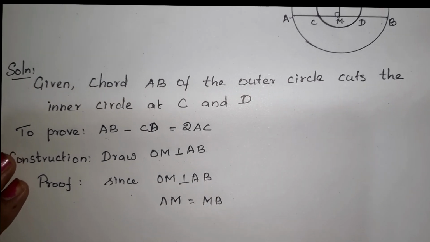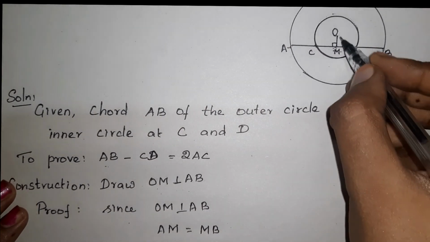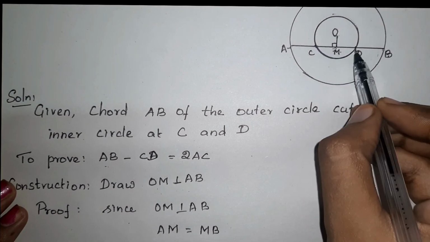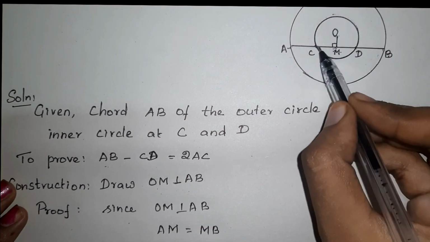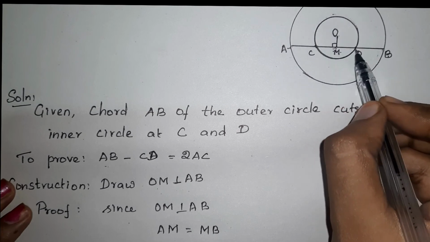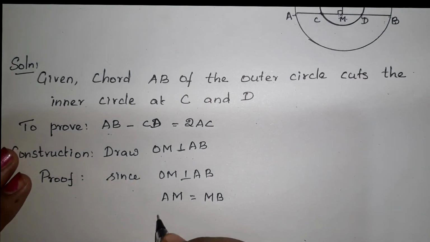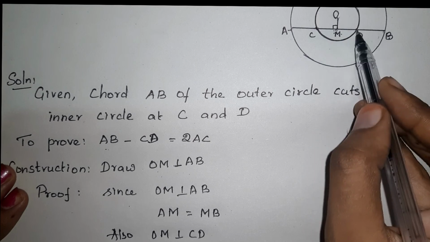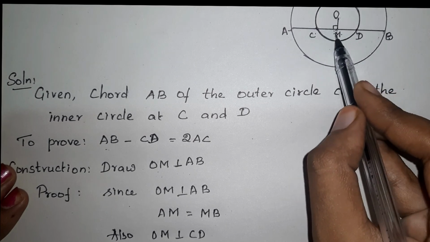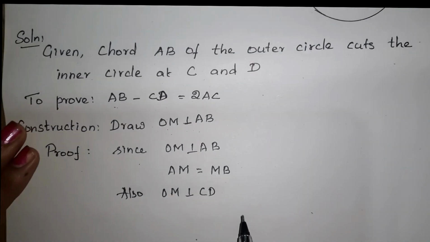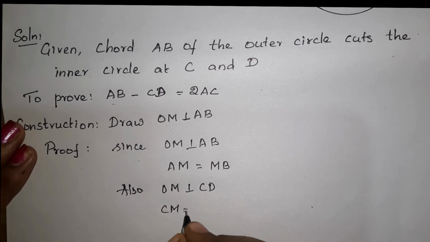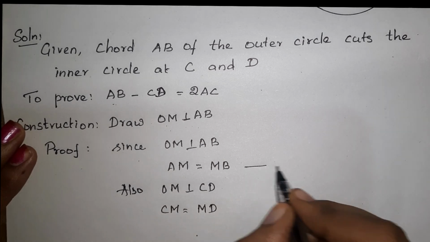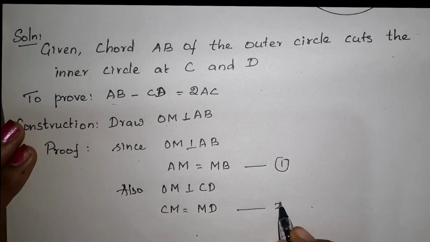Also we can say that this OM is perpendicular to the small chord of the inner circle, that is CD. OM is perpendicular to CD. So what can you say? Same, it will bisect the small chord also. So CM value is equal to MD value. So CM is equal to MD. Take it as equation number 1. This is equation number 2.